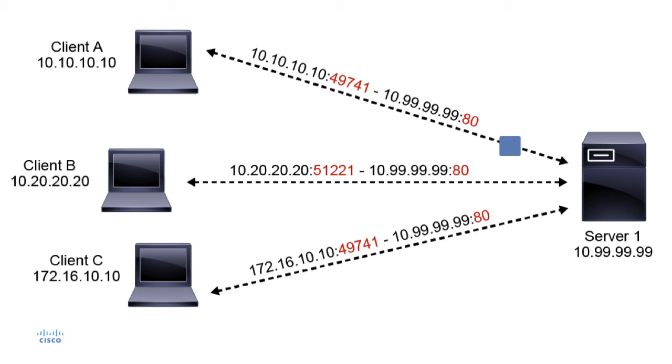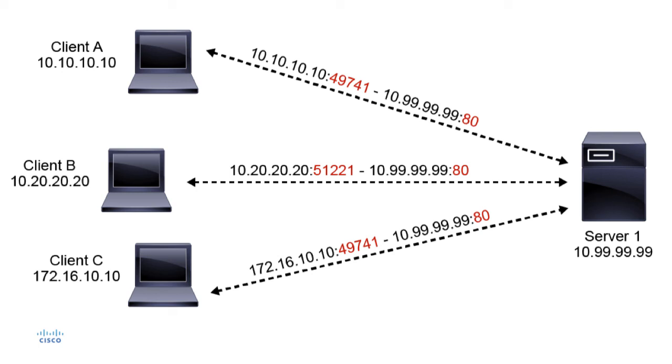So in the return packet, or the return segment from server 1, it'll have a destination address of 10.10.10.10 with a destination port of 49741, and the source address will be 10.99.99.99 with a source port of 80.